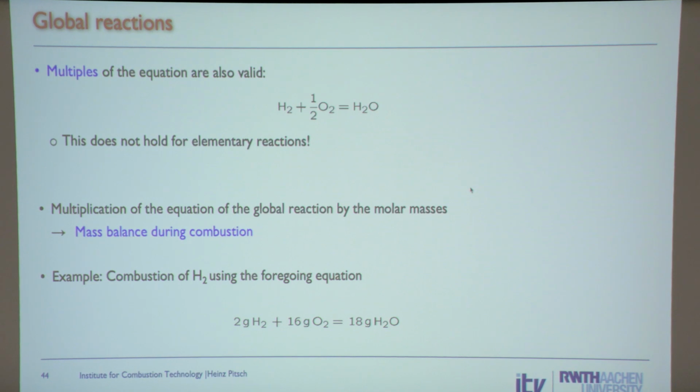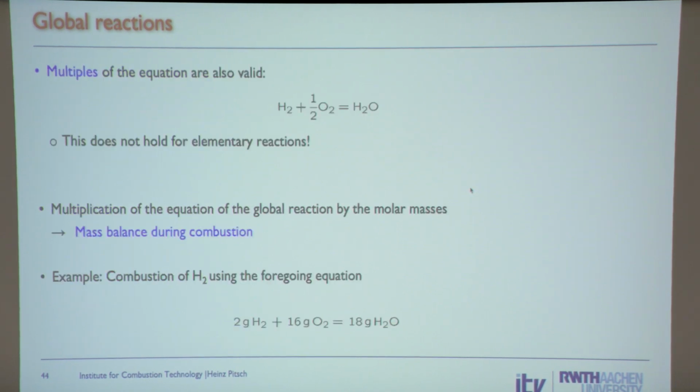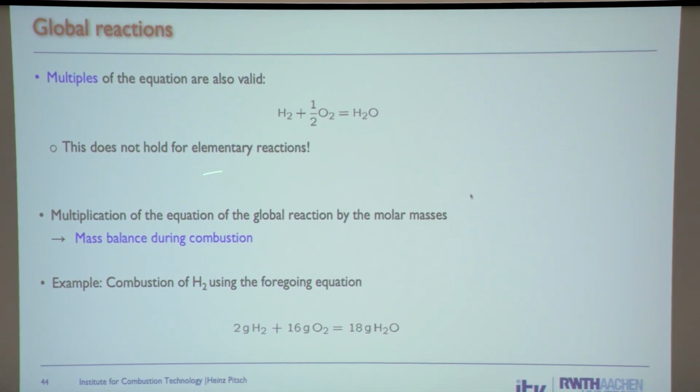So instead of 2H2 plus O2, I can also say H2 plus 1/2 O2. It's exactly the same thing, because there's no reaction rate assigned to this. For elementary reactions, you cannot do this. O is not 1/2 O2, it's not the same thing.